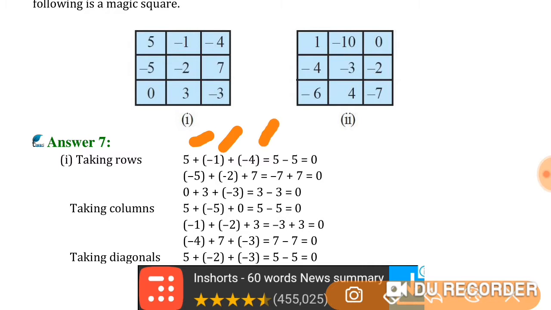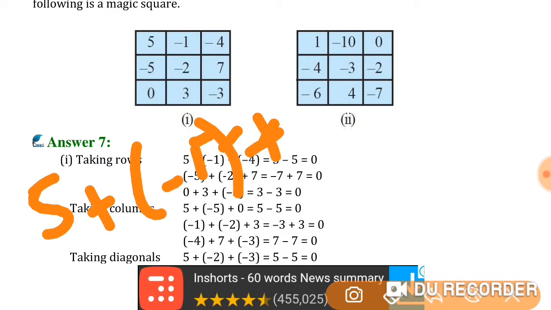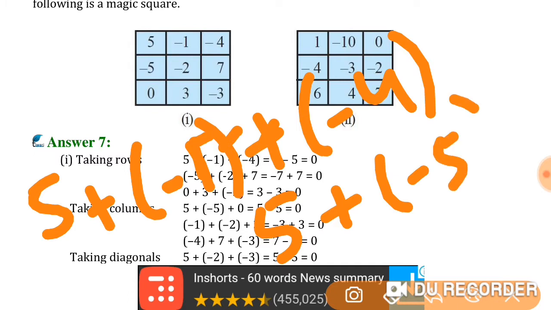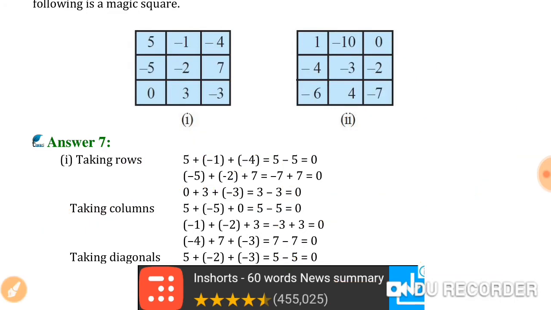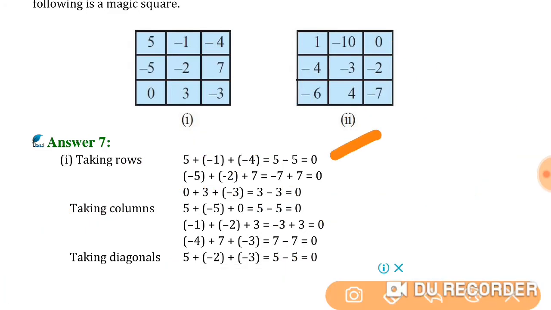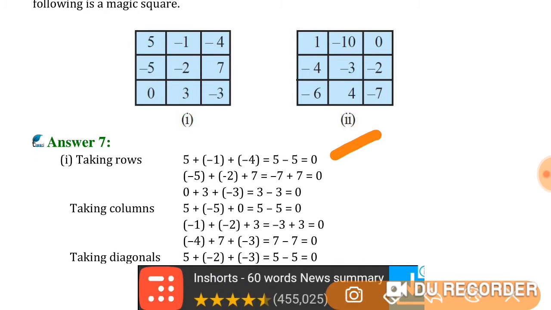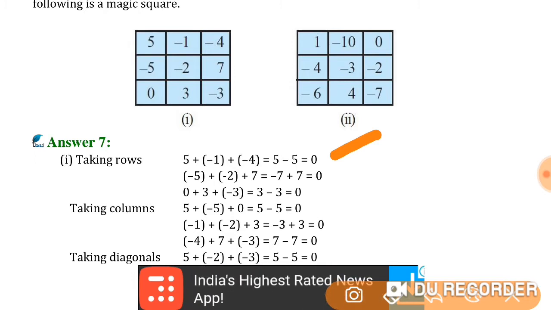When we add 5 plus of minus 1 plus of minus 4, we add the same sign integers, that means negative integers, so 5 plus of minus 5. One is plus, one is minus, so 5 minus 5 is 0. So rows, columns and diagonals should all give 0, then only it is a magic square.